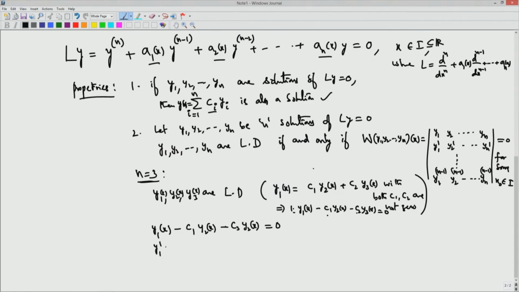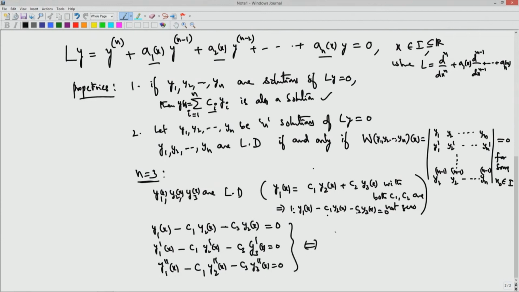You get y1 dash minus c1 y2 dash minus c2 y3 dash of x equal to 0. Similarly, you can do one more time, so you get y1 double dash minus c1 y2 double dash of x minus c2 y3 double dash of x equal to 0.